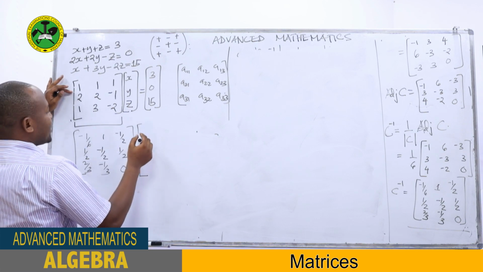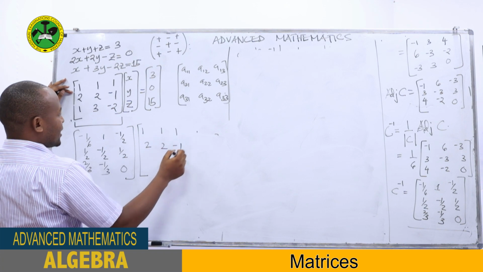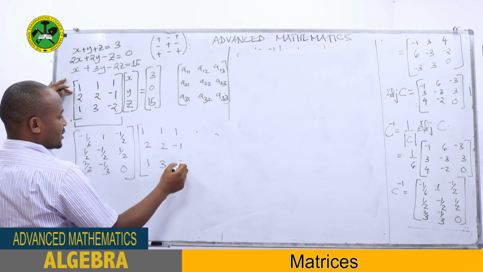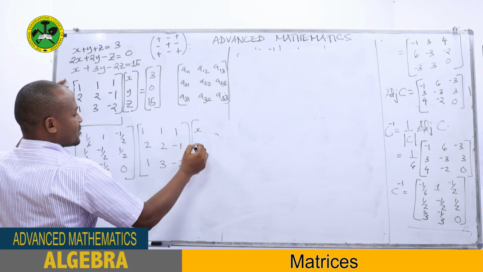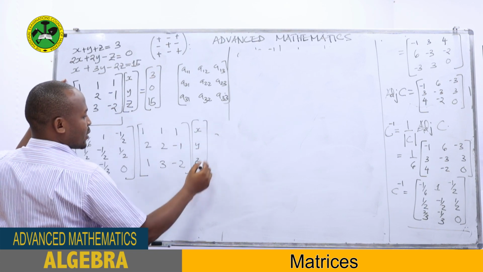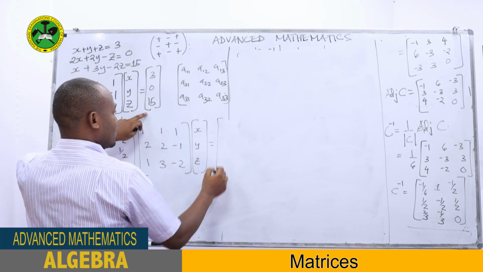So we have to multiply with that 1, 1, 1, 2, 2, negative 1, 1, 3, negative 2, and the variables are x, y, and z, equals to pre-multiplication of the inverse.